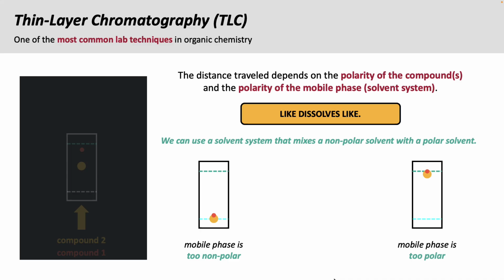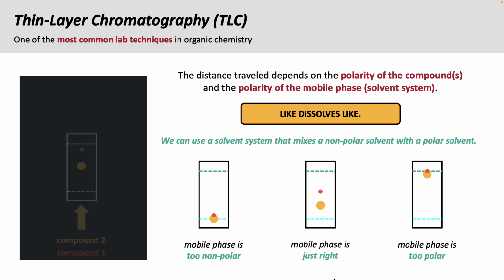Now, on the other side of the spectrum, we can envision a case in which our mobile phase is perhaps too polar. In this case, our compounds were very attracted to the relatively polar mobile phase and worked to travel their way up all the way to the very top of the plate or the end of our plate. In an ideal world, we'll modulate the ratio between our nonpolar and polar solvents such that we end up with clean separation between our compounds.